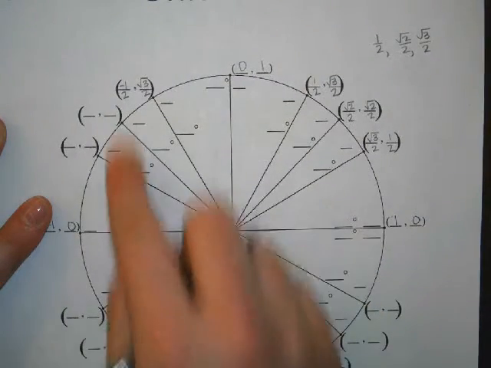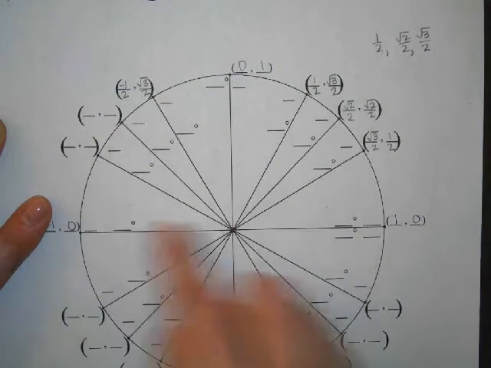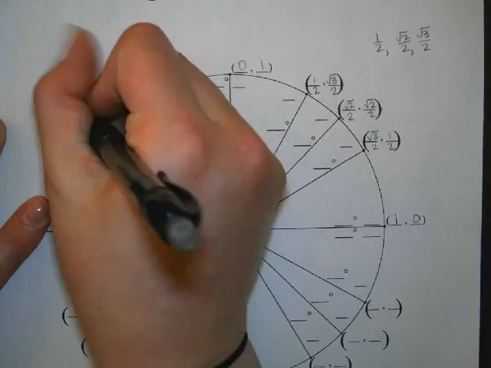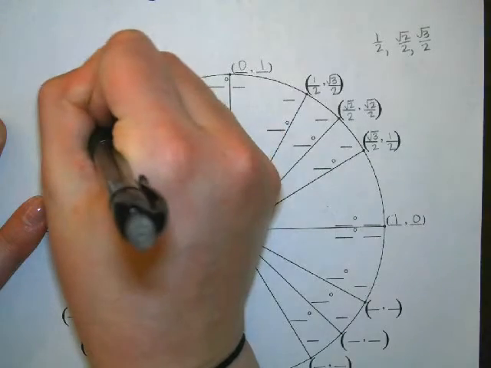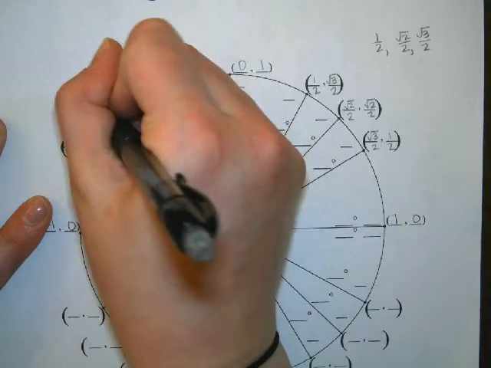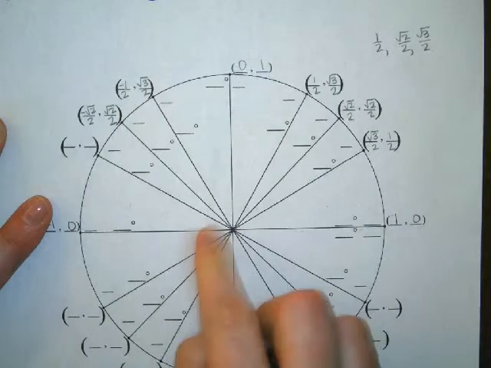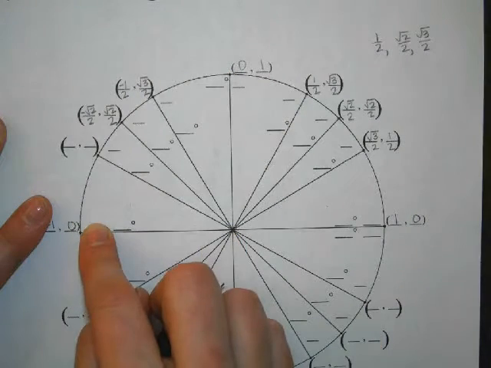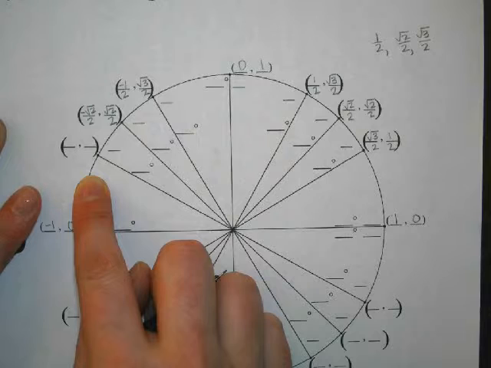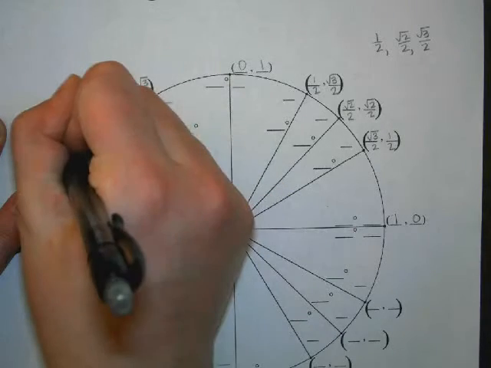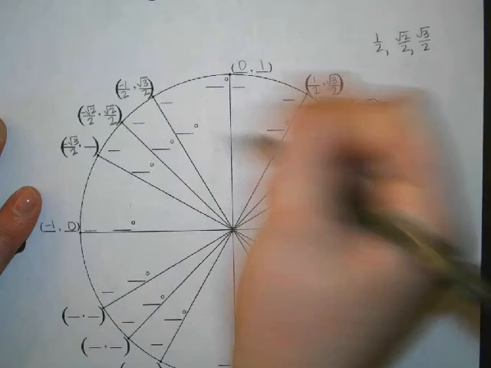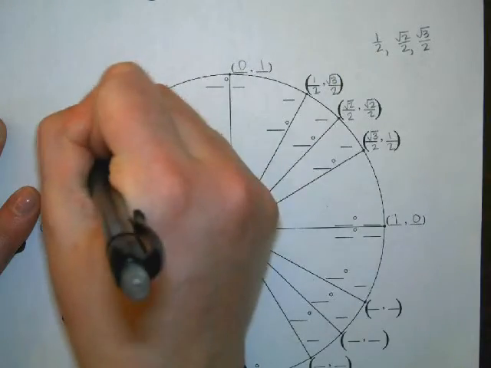Left and up the exact same amount. Negative root 2 over 2 and positive root 2 over 2. Okay, this one went left a lot, up a little bit. Negative root 3 over 2 and 1/2.